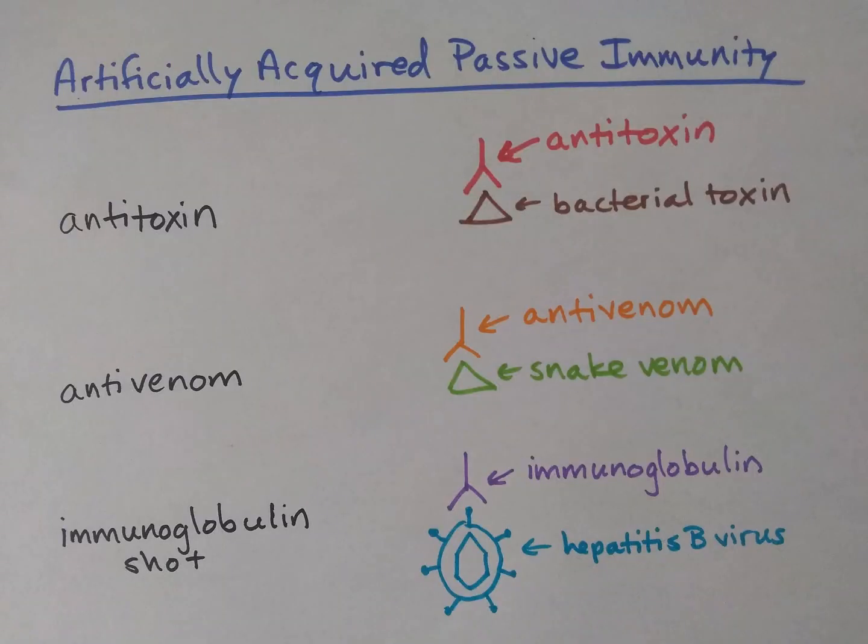If you've got tetanus or botulism, for example, those bacteria produce a toxin that causes the symptoms of tetanus or botulism. If you are suffering from those diseases, they would give you antitoxin. They're going to give you antibodies, which are called antitoxins, that will bind to the bacterial toxin and prevent it from doing more damage to your body.